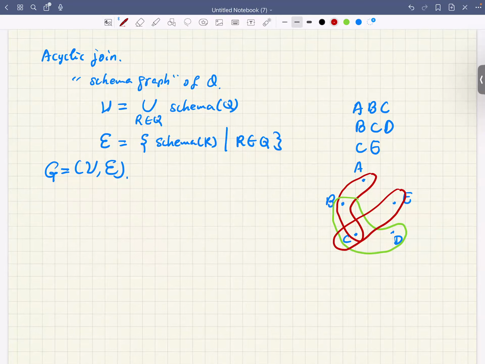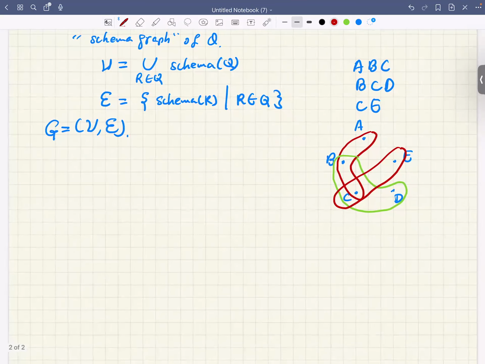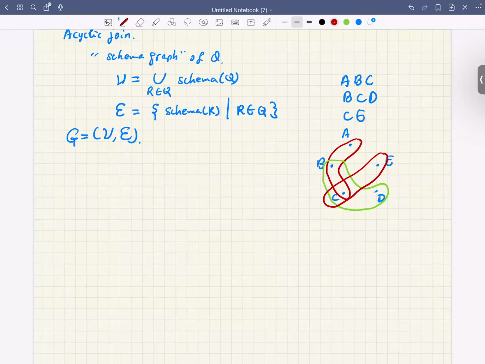So I'm going to present another definition, and this is the definition that's much more common. This definition is also the main definition we'll use for the seminar series, especially in the next seminar, where I will tell you how to detect whether a hypergraph is cyclic or not in polynomial time.